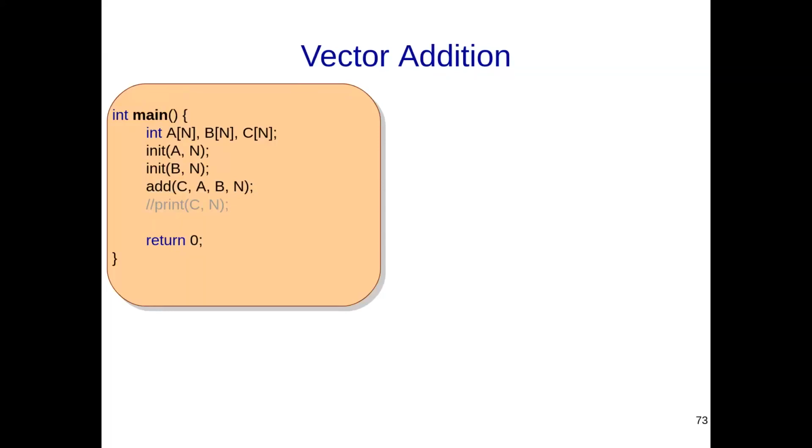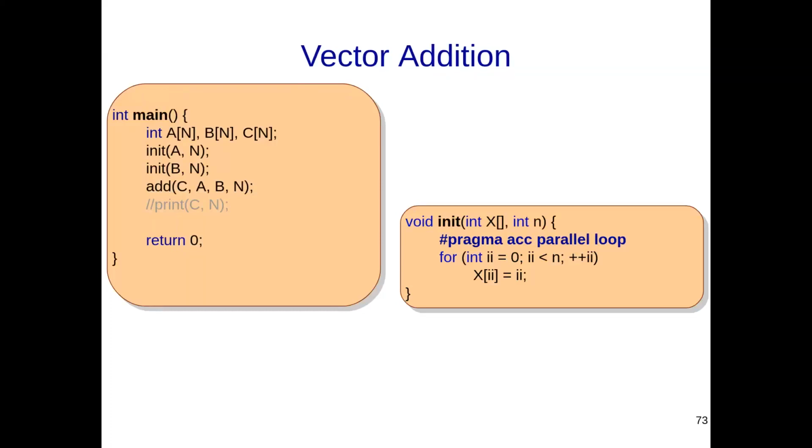How does the code for init and add look like? For the initialization, as far as parallel initialization is concerned, there is a for loop where I am assigning some value. The initialization could be arbitrary; I could be using arbitrary functions corresponding to how I want to initialize this particular array x of i.